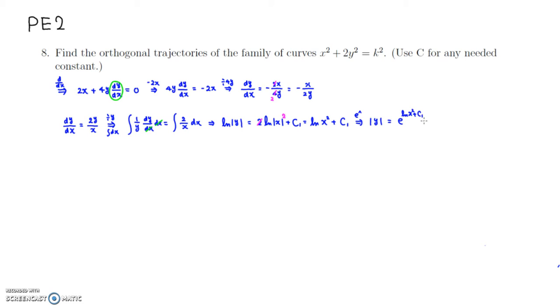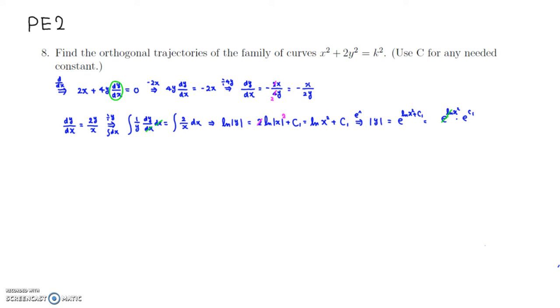We can split this using the exponential property: e to the natural log of x squared, times e to the c1. Again, e and natural log cancel out, and you get x squared there.